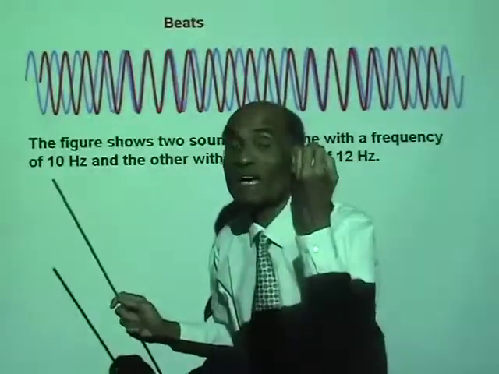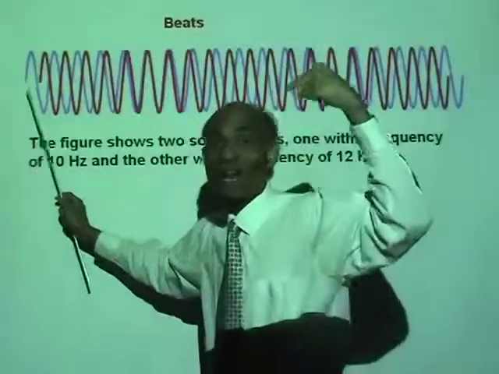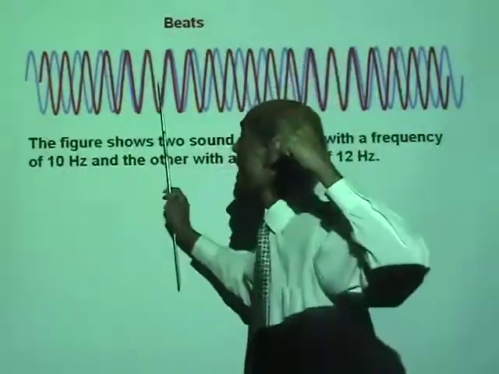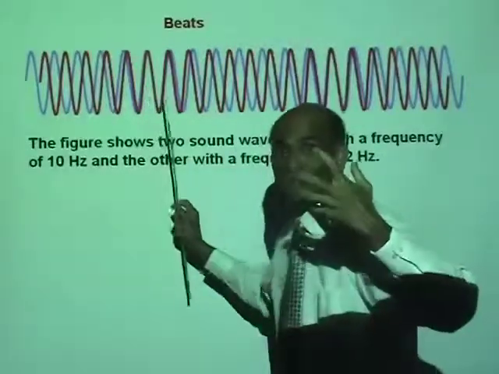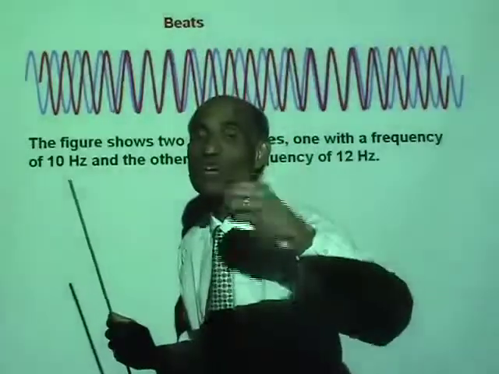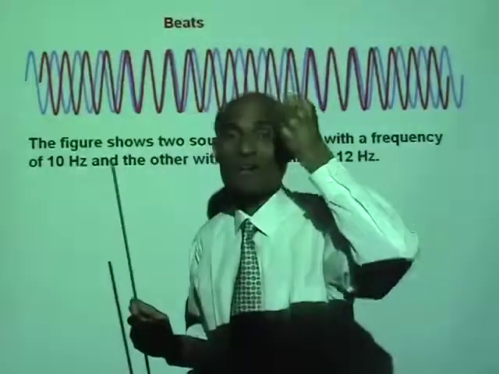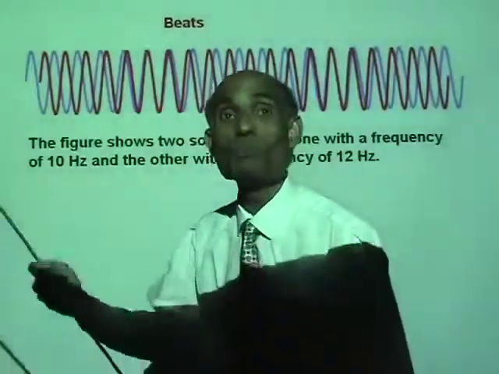And what do you hear as a result of that? When they are in phase, you hear a loud sound. When they are out of phase, you hear no sound. Again, you will hear this intermittent loud sound, no sound, loud sound, no sound. And this is what we call beats.